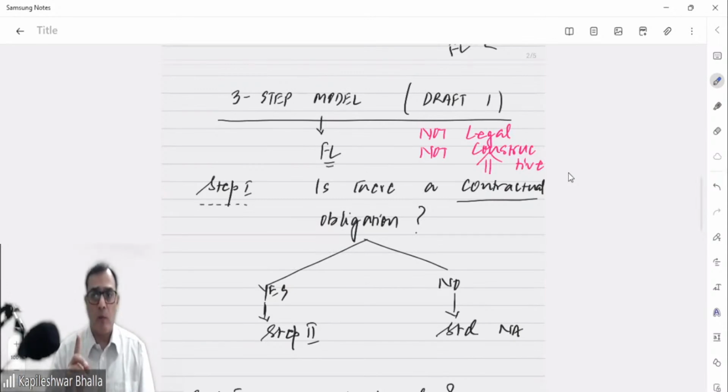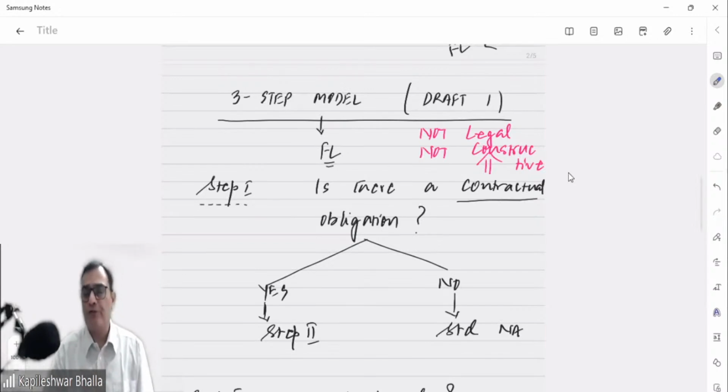Step number one is to decide: is there a contractual obligation? If you say no, there is no contractual obligation, we are not applying this standard. If you say yes, there is a contractual obligation, you go to step number two.